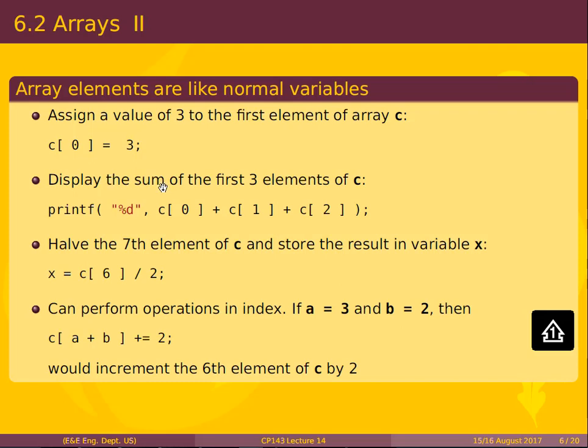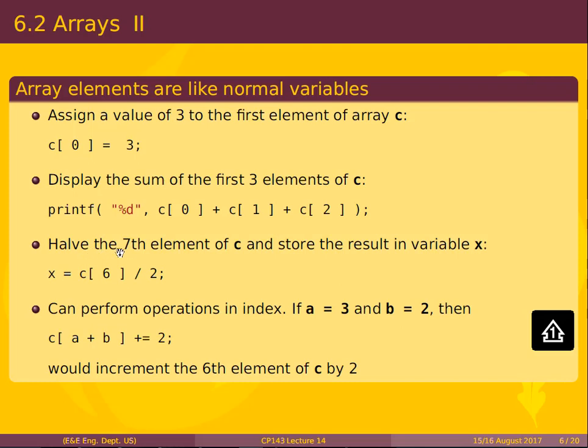If we want to display the sum of the first 3 elements of C, then we can say C[0] + C[1] + C[2]. Obviously, it's very important that your elements are of the same type. We can't add different types of elements here.